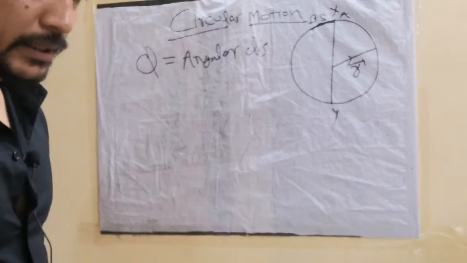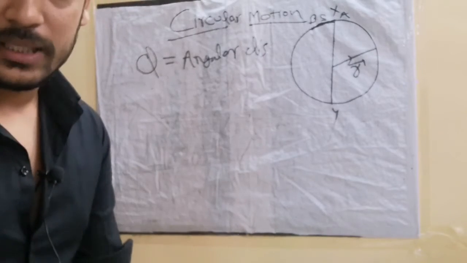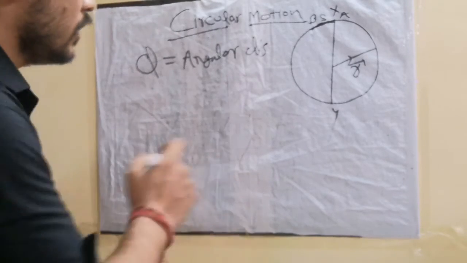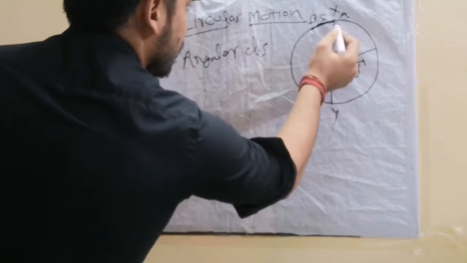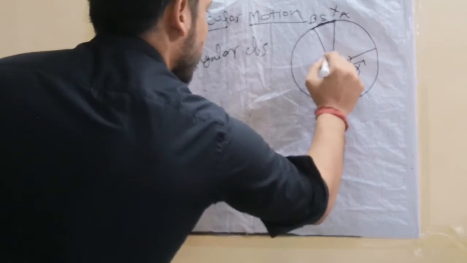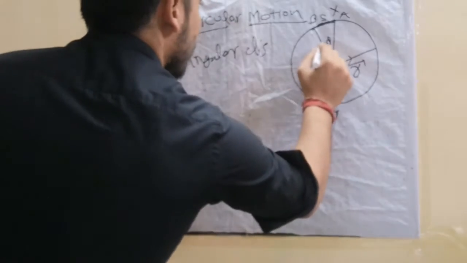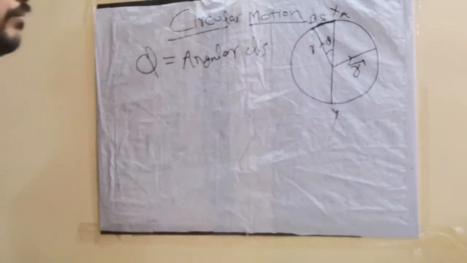Angular displacement can be defined as the angle described by the radius vector on the circle. Suppose you traveled from A to B, then it will make an angle theta by the radius vector.